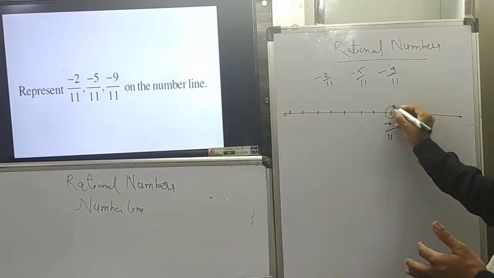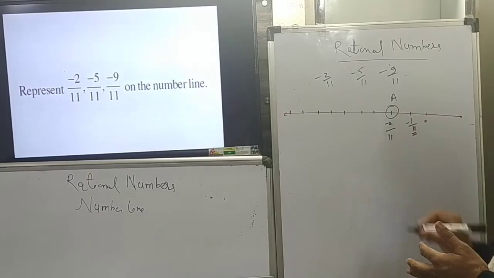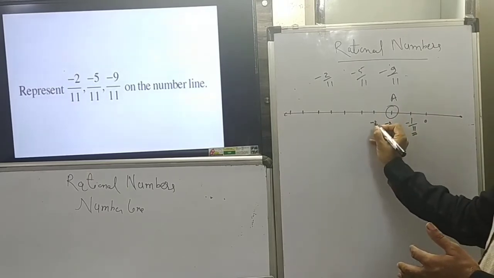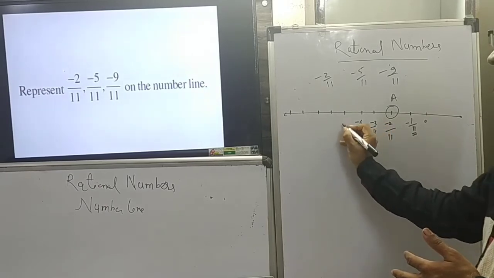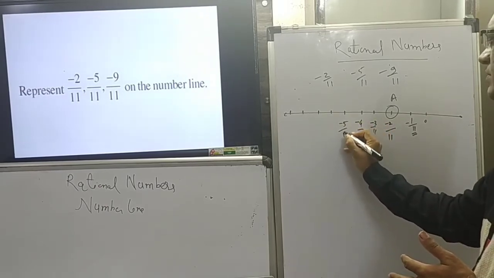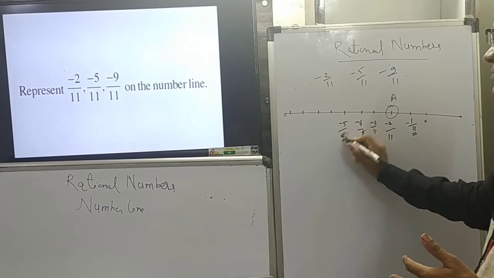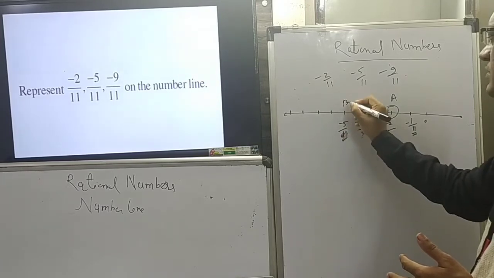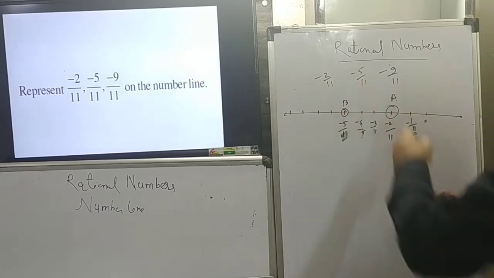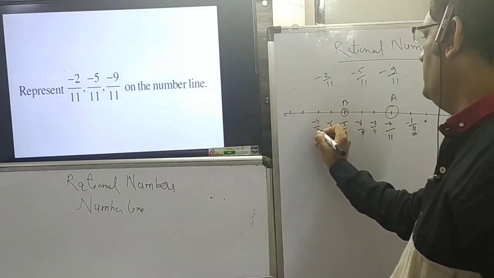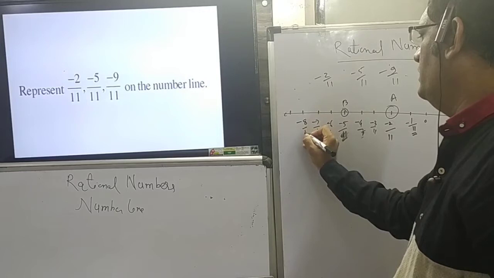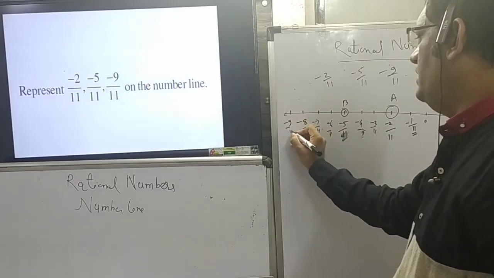Let us say this point is A. Now it is minus 3 by 11. This represents minus 4 by 11. This represents minus 5 by 11. Let us say this point is B. Then we require minus 6 by 11, minus 7 by 11, minus 8 by 11, and this is minus 9 by 11.